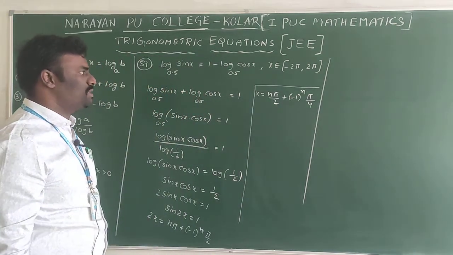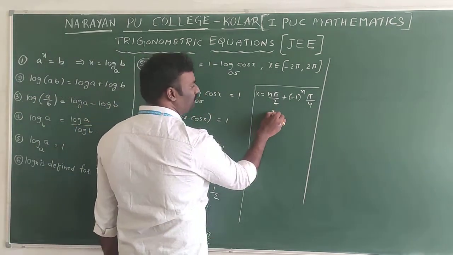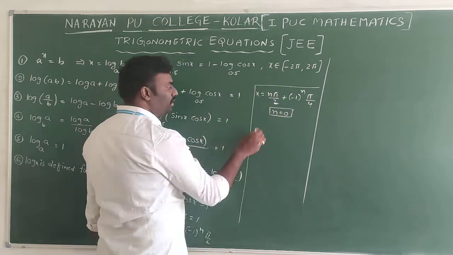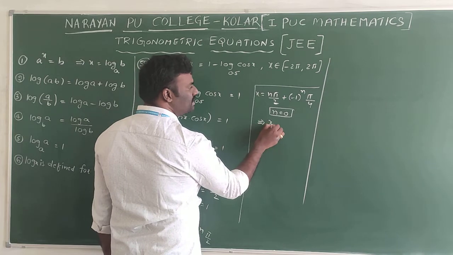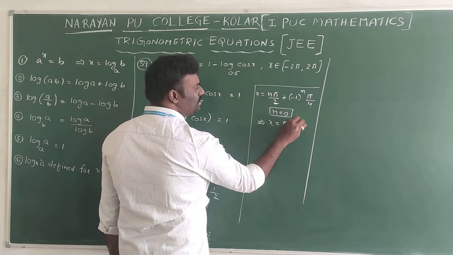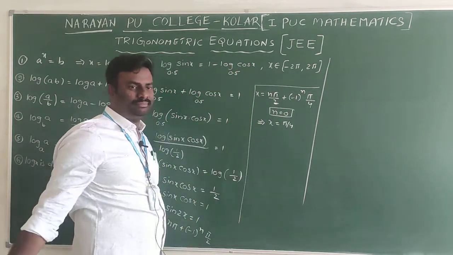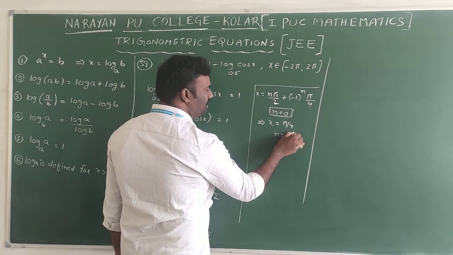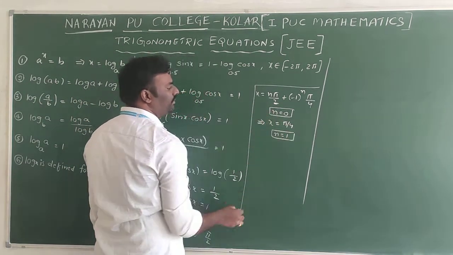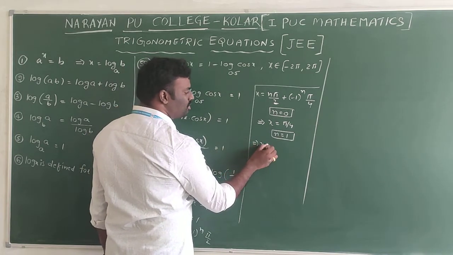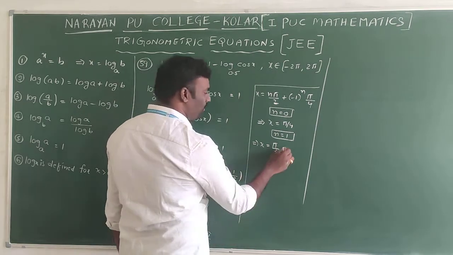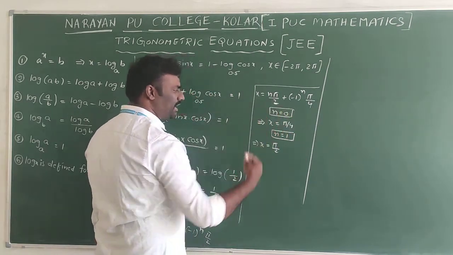First, I am substituting n value 0. That implies you will get x is pi by 4, because anything power 0 becomes 1. Next, I am substituting n value 1. That implies x equals pi by 2 minus 1 power 1, that is minus 1, pi by 2 minus pi by 4, again you will get pi by 4.